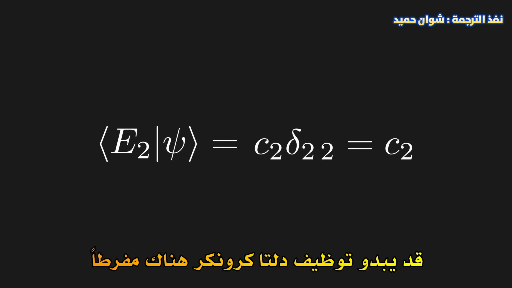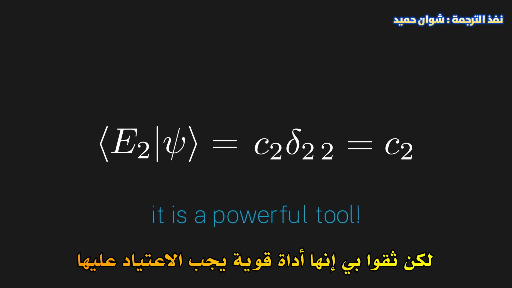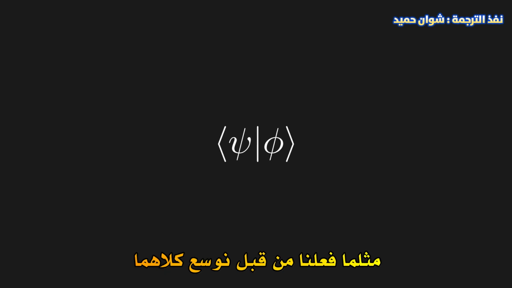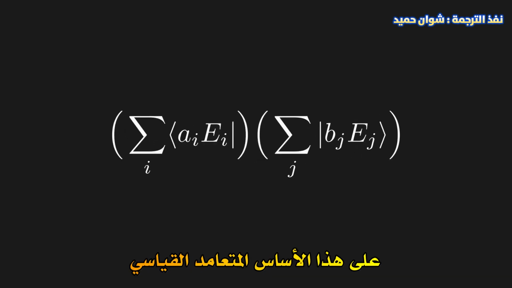It may have seemed excessive to use the Kronecker delta there, but trust me, it is a powerful tool to get used to. To see just how powerful it is, let's look at the inner product of two vectors. Like before, we expand both in an orthonormal basis. To simplify this, let's remember our rules.